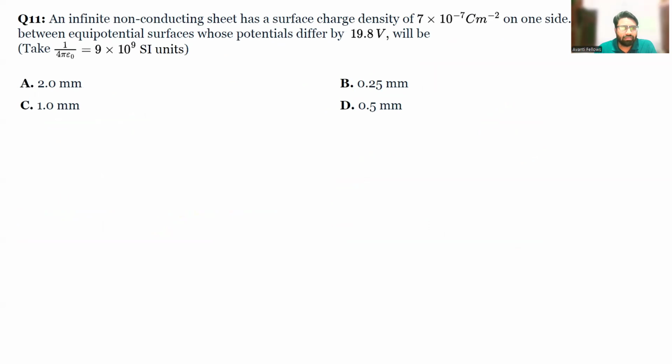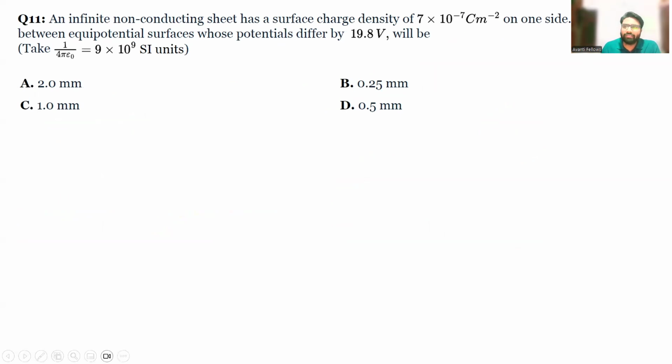An infinite non-conducting sheet has a surface charge density of 7 into 10 raised to the power minus 7 coulomb per meter square on one side.